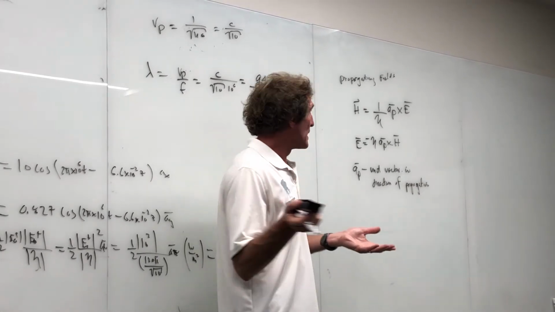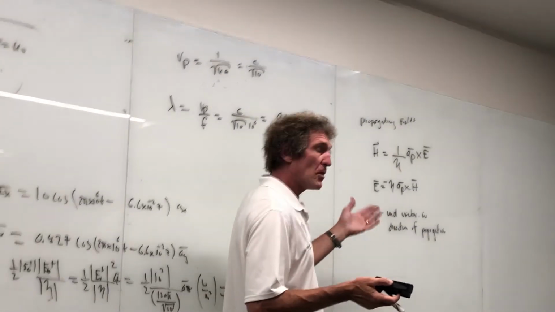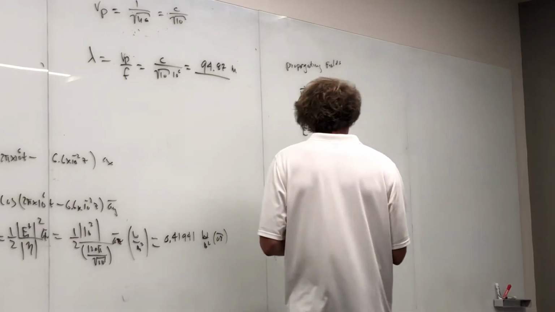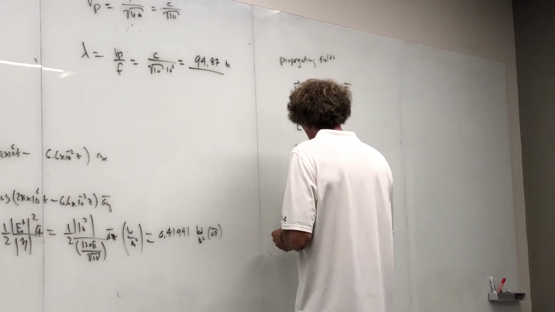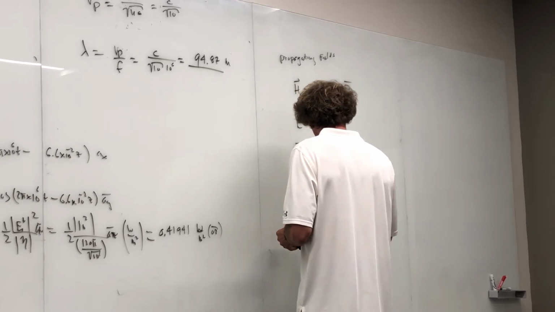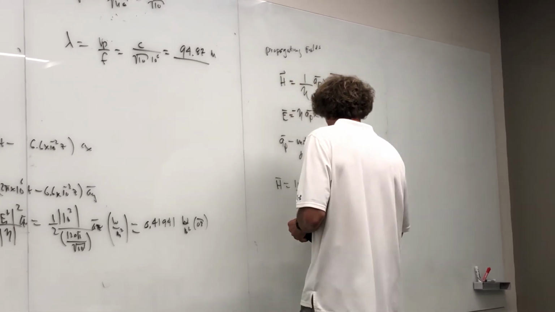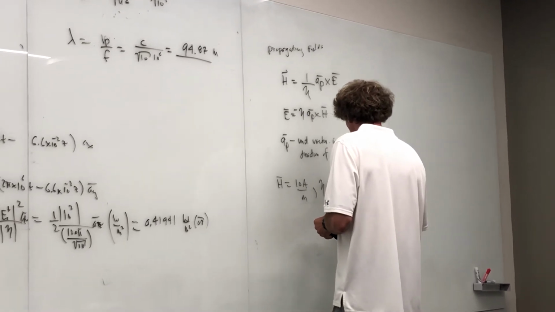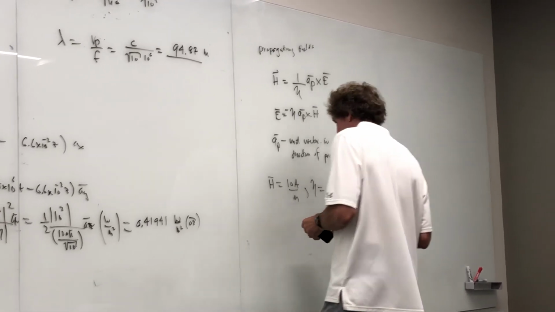Think about this. If you wanted to do a quickie here, suppose I give you H is equal to 10 amps per meter. I'll give you eta is equal to just 200 ohms.